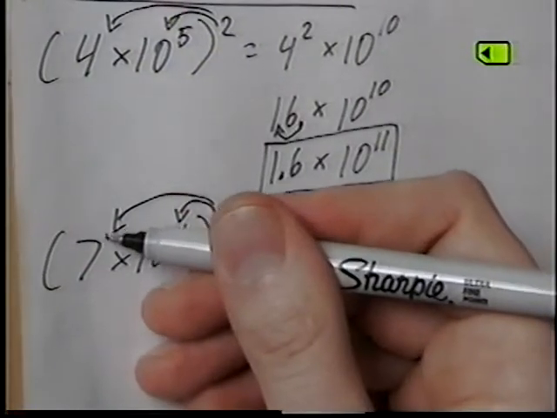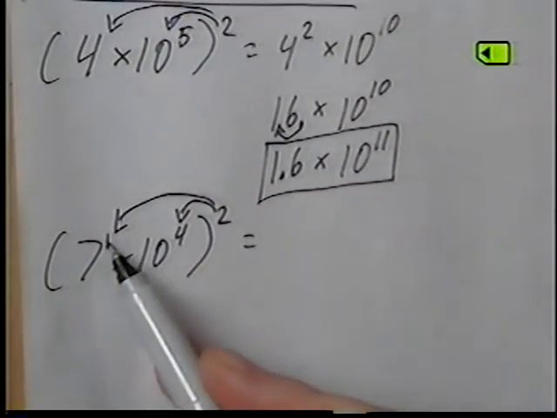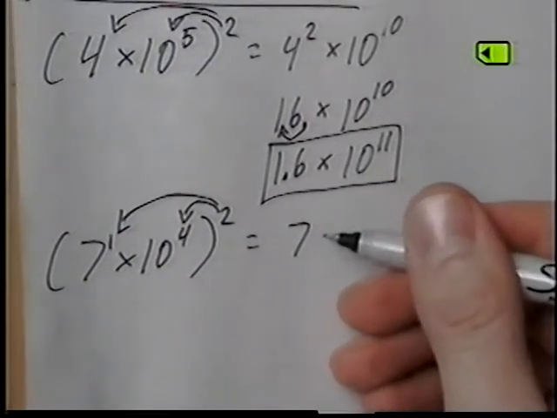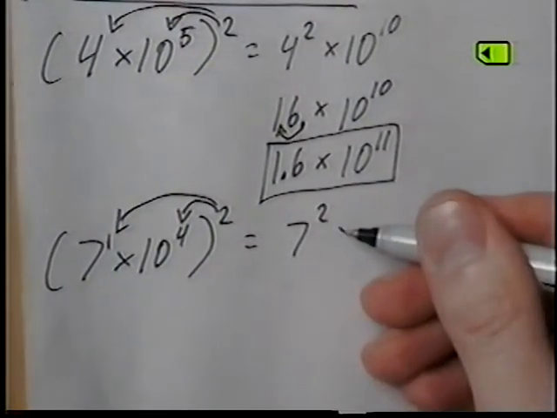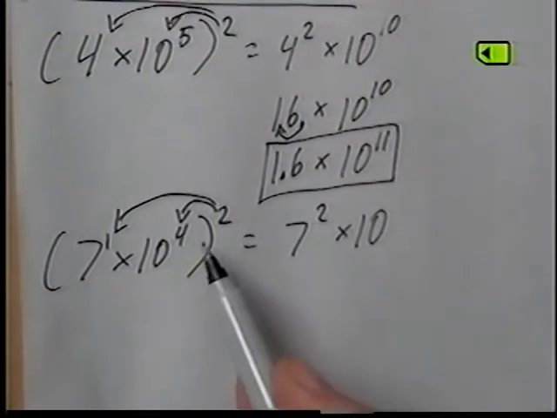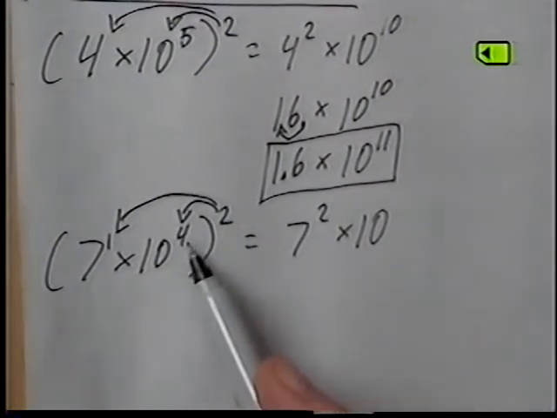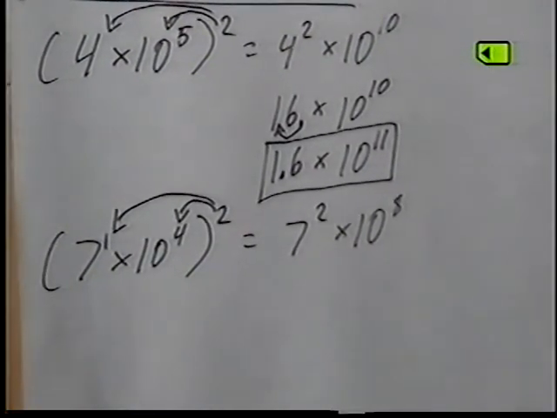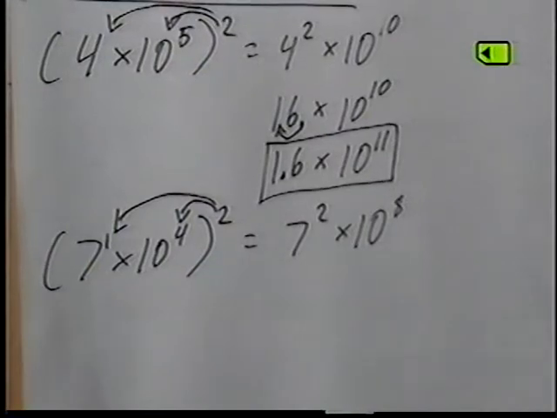If you want to put a 1 next to the 7, 7 to the first power, exponents inside parentheses you multiply. So that would be 7 to the second power. Times 10 stays the same, since we're dealing with scientific notation. Exponents inside parentheses you multiply. 4 times 2 would be 8.